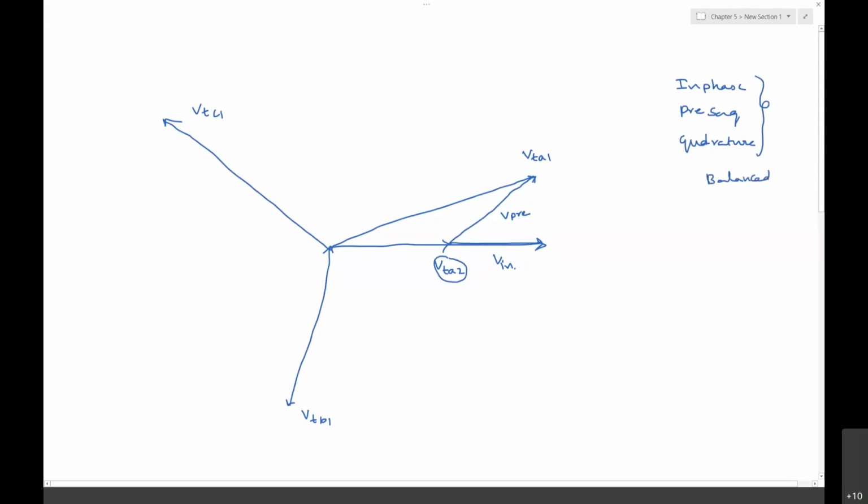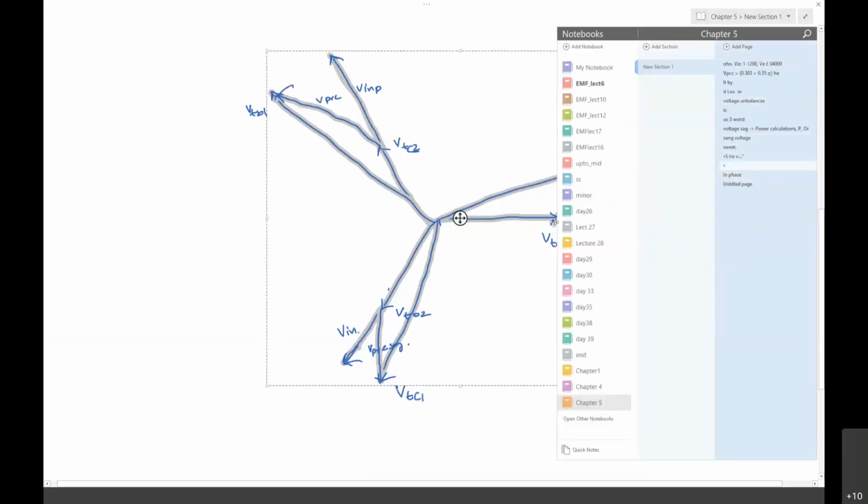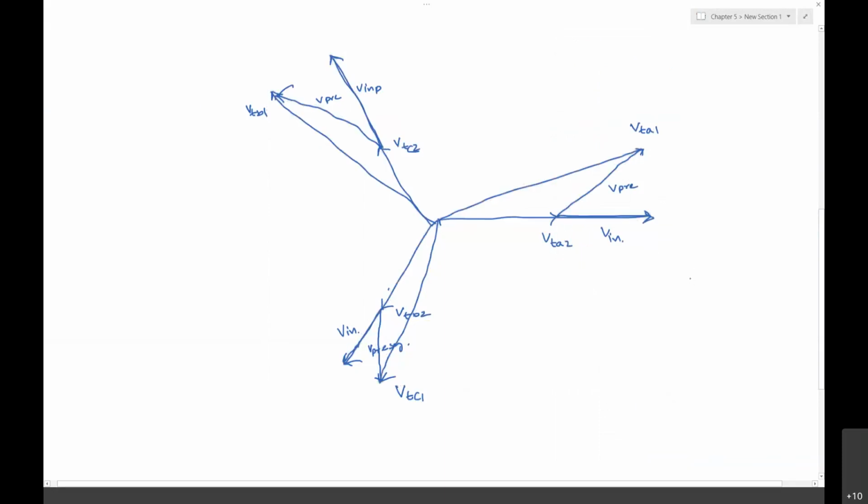Now I am trying to explain the unbalanced voltage sag. I was explaining this phasor with respect to the balanced voltage sag, for the pre-sag condition or in-phase injection, and in quadrature also the same.